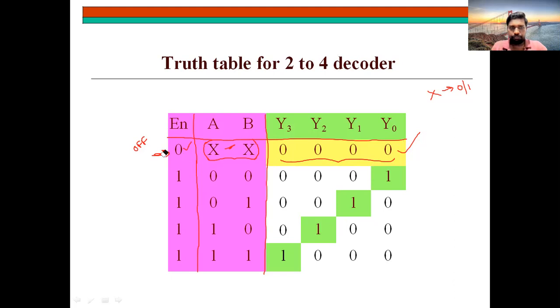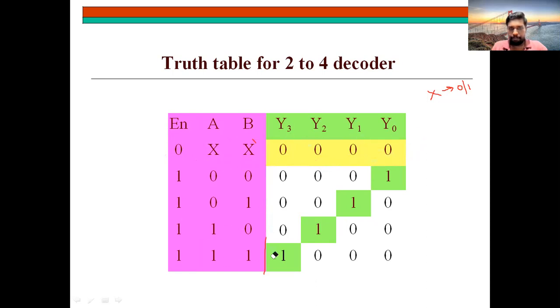Now suppose you want to take the case of enable equal to 1. Enable equal to 1 means the circuit will become on state. Now we have two inputs, so obviously we'll have four combinations: 0 0, 0 1, 1 0, and 1 1.